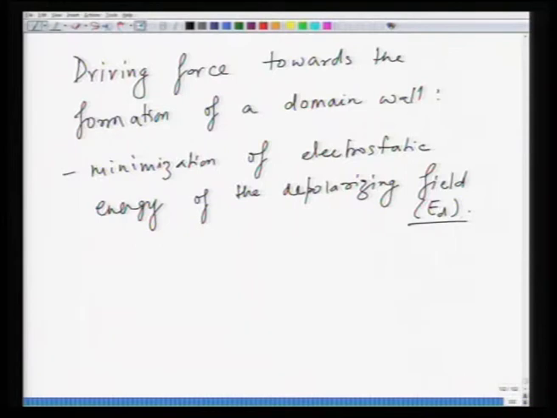This is because of surface charges created due to spontaneous polarization.